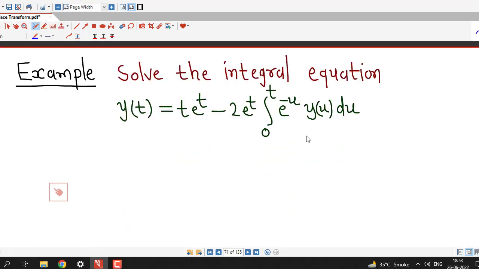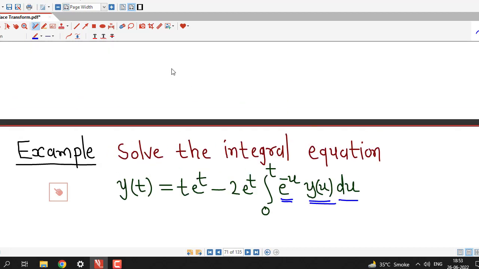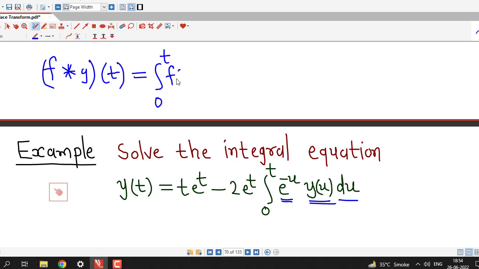We try to solve this integral equation: y of t equals t times e raised to t minus 2 times e raised to t, integral of e raised to minus u y of u du. So here we require t minus u. If we recall the definition of convolution of two functions, f star g of t, then we have the integral from 0 to t of f of u g of t minus u du.